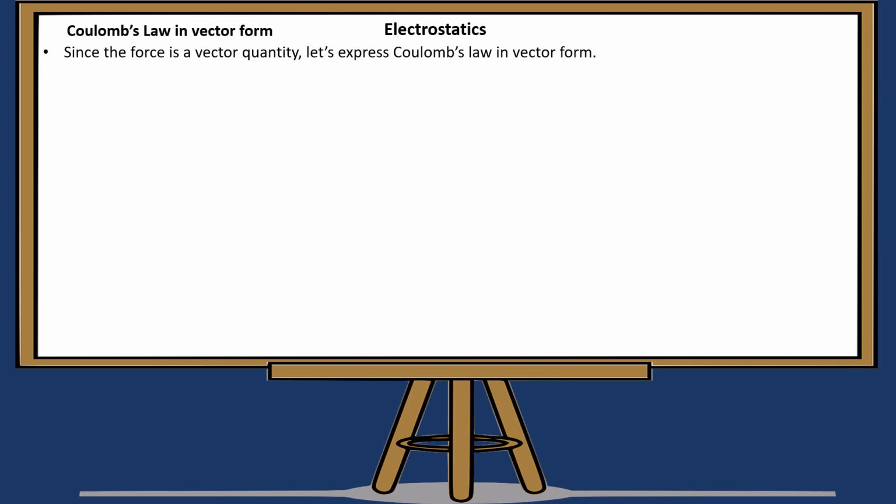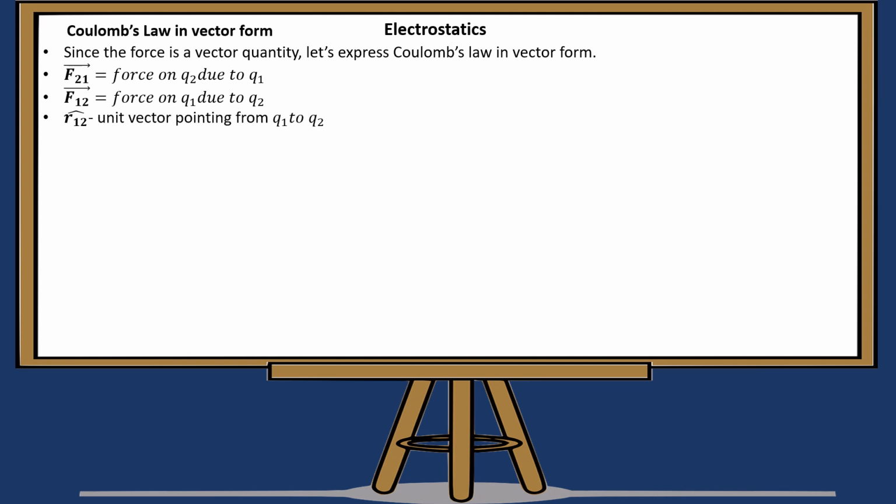Since force is a vector quantity, let us see Coulomb's law in vector form. Here F21 is the force acting on Q2 due to Q1, and the vector F12 is the force on Q1 due to Q2. Similarly, the unit vector pointing from Q1 to Q2 is R12, and the unit vector pointing from Q2 to Q1 is R21.